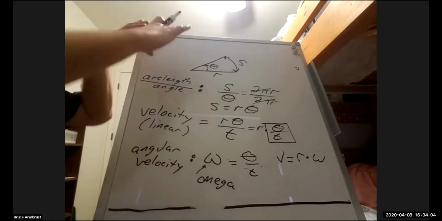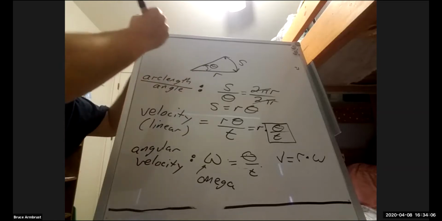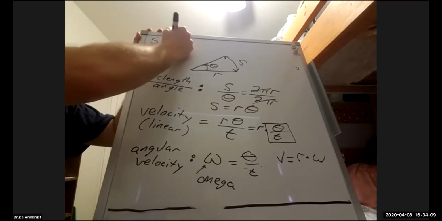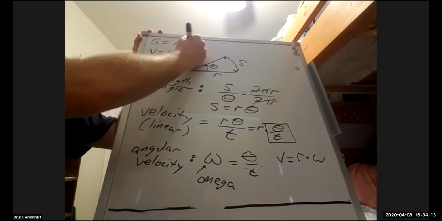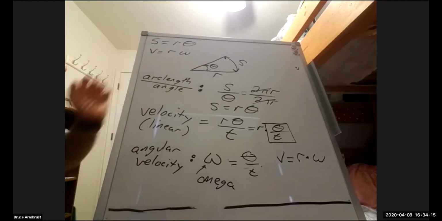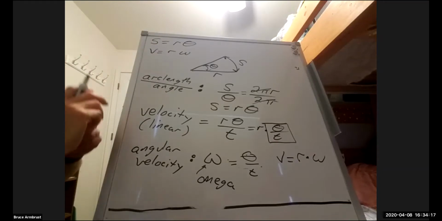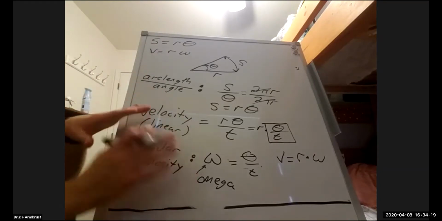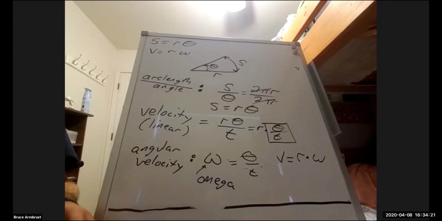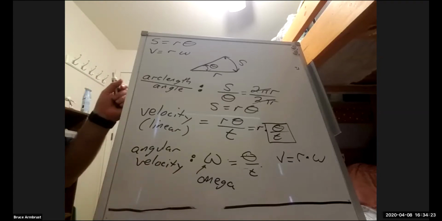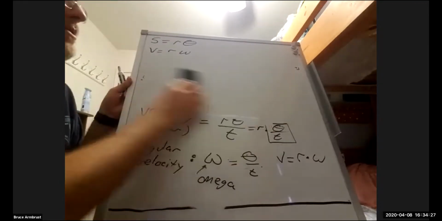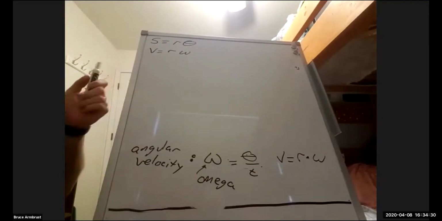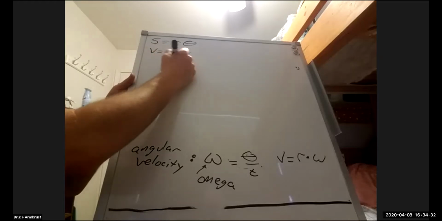So let me write this stuff back up at the top because I know we're getting cluttered. But I want these all together because you're going to start seeing some relationships. Now, I did all this as constant velocity, but even if it's not constant, we can approach it exactly the same way. We'll start with S equals R theta, but now we're going to differentiate.